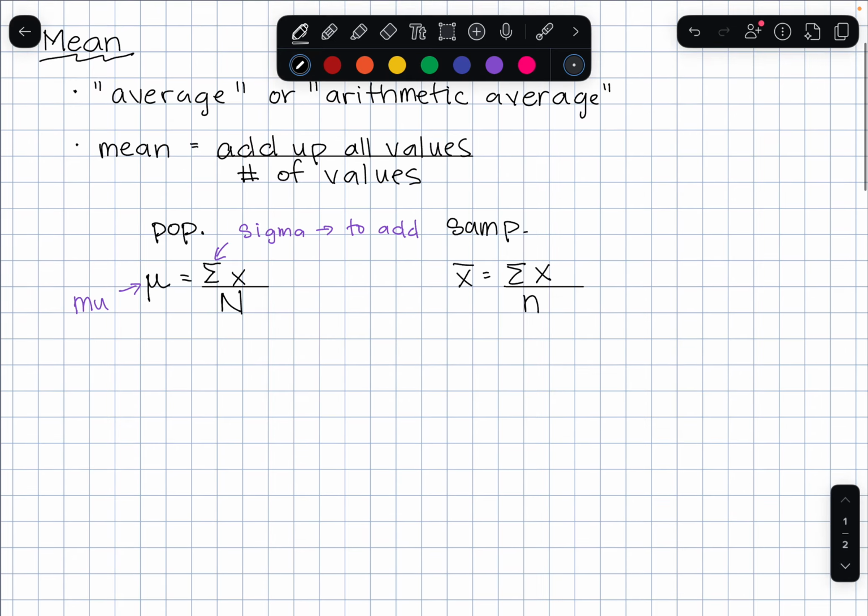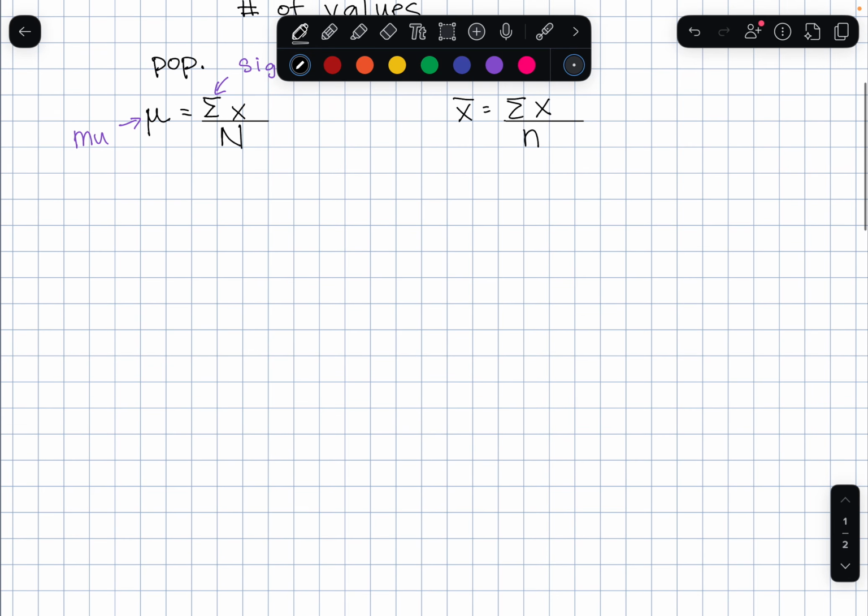We're going to do a quick example, and then we'll talk a little bit more. I have a list of numbers. So I have the data set 1, 1, 1, 1, 2, 3, 5, 5, 6, 10.